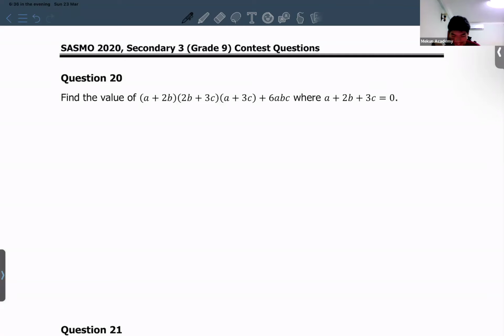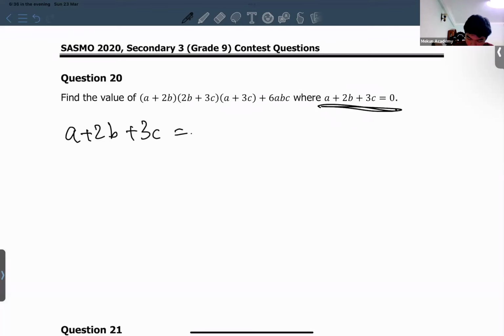So, like what he said, a plus 2b is also here, and 2b plus 3c is also here, and a plus 3c is also here. So from that, a plus 2b plus 3c equals 0.